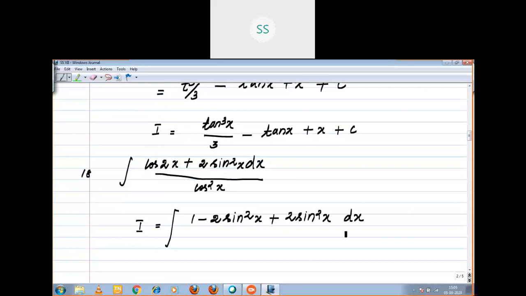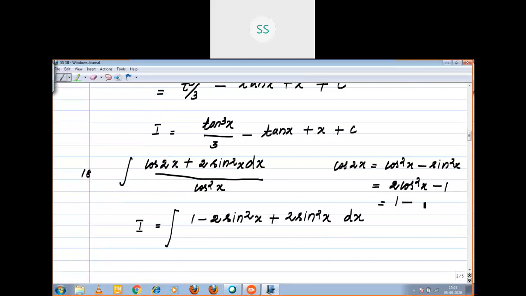While replacing cos 2x, you should adapt the apt formula. For cos 2x we have four formulas, right? Cos 2x equals cos square x minus sin square x. Cos 2x equals 2 cos square x minus 1.